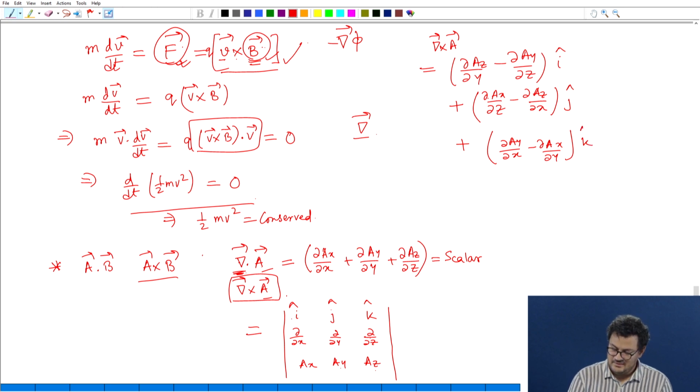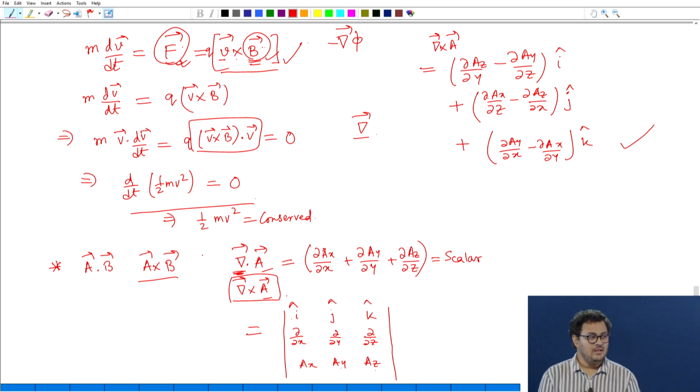You always have to do this cross multiplication in a proper order.